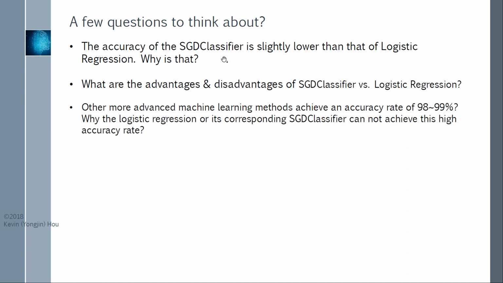That's one thing. The other thing is with the gradient descent approach, particularly the stochastic version of it, there's a little bit of randomness, because the SGD classifier tunes the coefficients by observations, by each training sample.